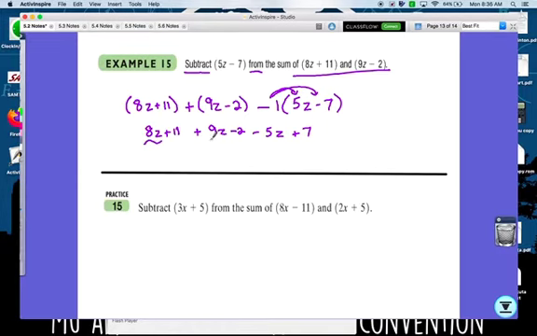I've got 8, 9, and negative 5 for my z's. So 8 plus 9 is 17. 17 minus 5 gives me 12. So I have 12 z's. And then 11 minus 2 is 9, and 9 plus 7 is 16. So 12z plus 16 is my answer.